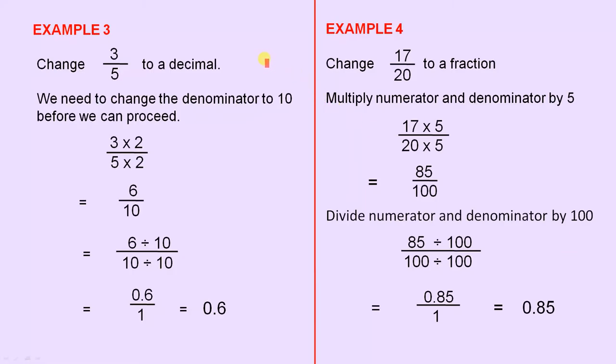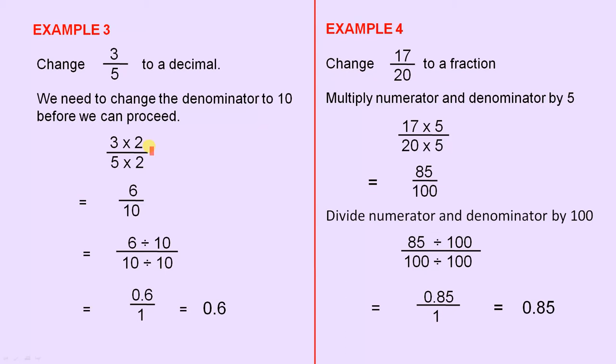Example 3. Change 3/5 to a decimal. We need to change the denominator to 10 before we can proceed. The way to change the denominator to 10 is just multiply it by 2, which means we have to multiply the numerator by 2 to keep the fraction the same. It has to have the same value. So you're allowed to multiply the numerator and the denominator by the same number.